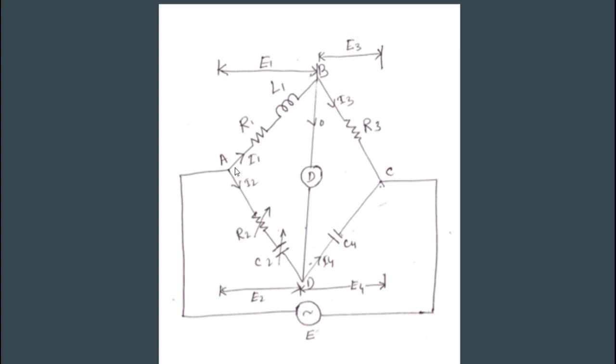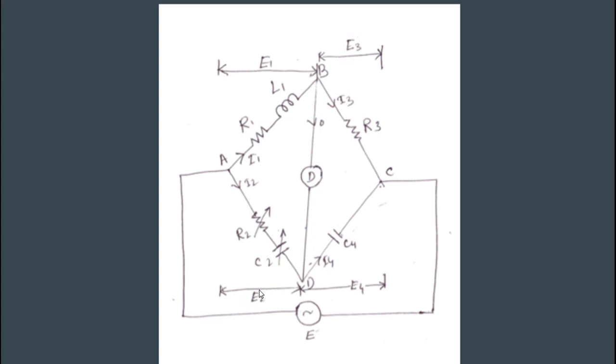An Owen's Bridge has 4 arms, one going from A to B, B to C, C to D, and D to A. Our unknown impedance will be at arm AB, which is R1 and L1, and we'll have known resistance R3, known capacitance C4, and variable resistor and variable capacitance R2 and C2.